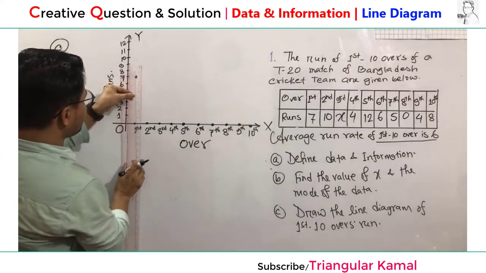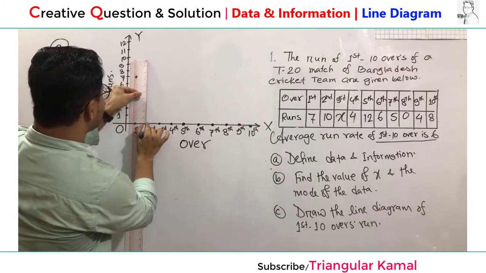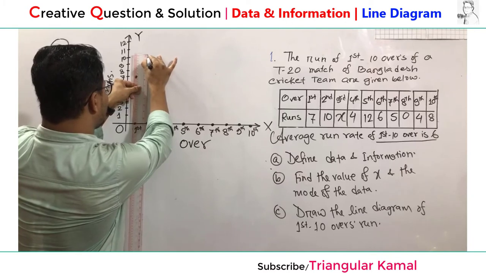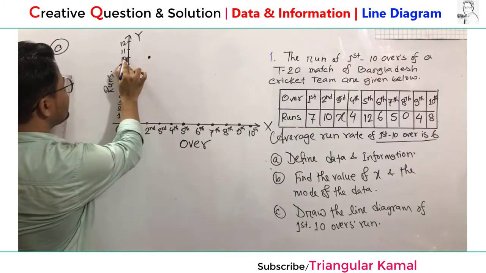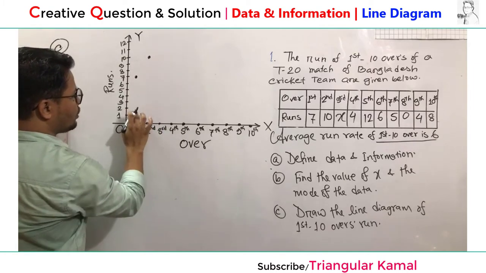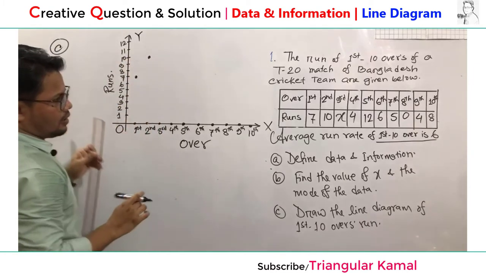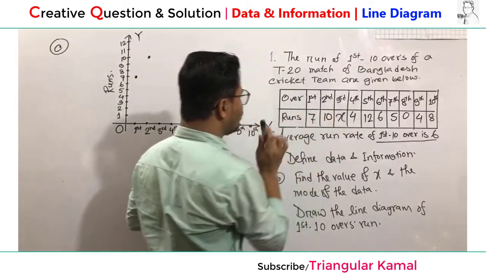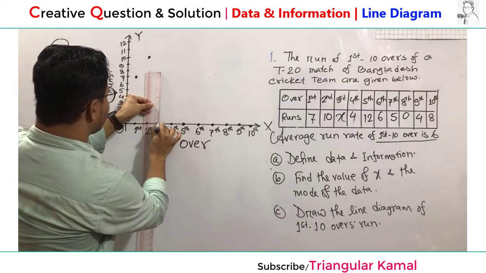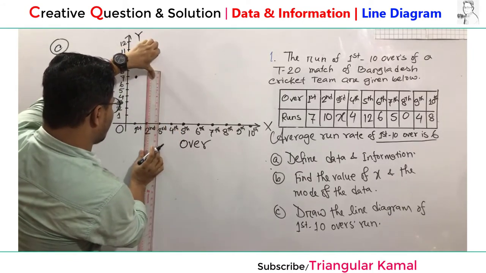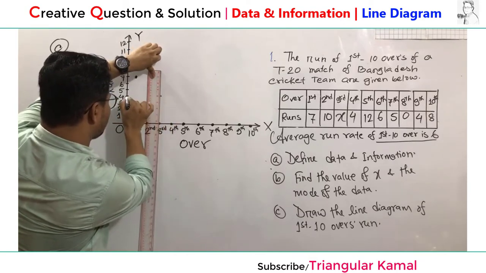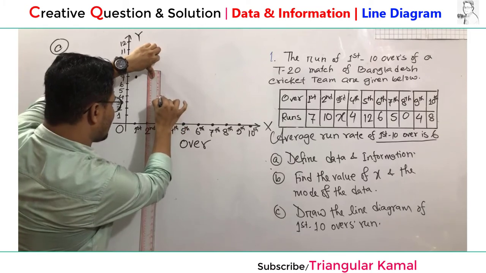This point is according to the x-axis and y-axis here. Then the third over run, the value of x, is 4. So the third over goes up to 4.